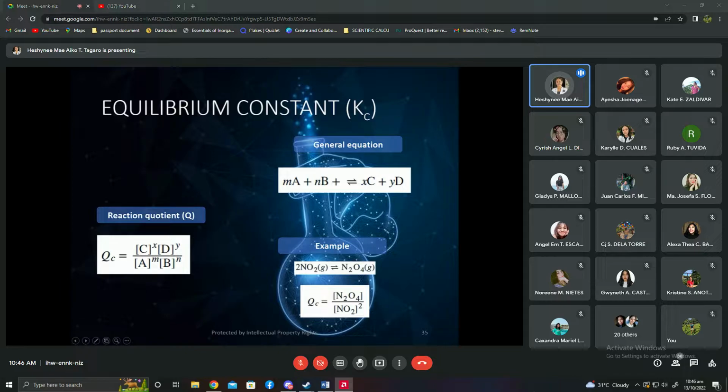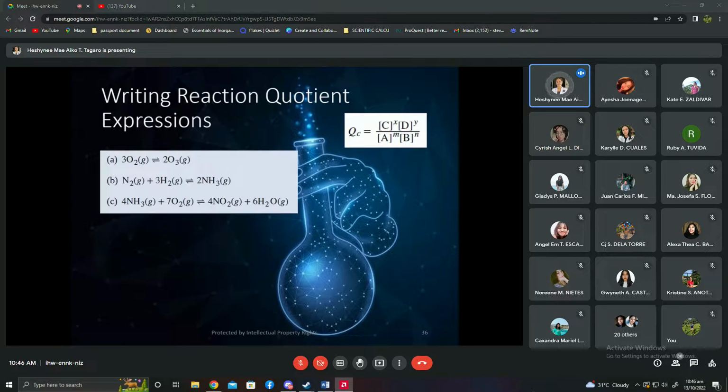Let's have a practice example. Okay? So we have a cheat sheet here so that you don't get lost or confused, since it's your first time encountering this.